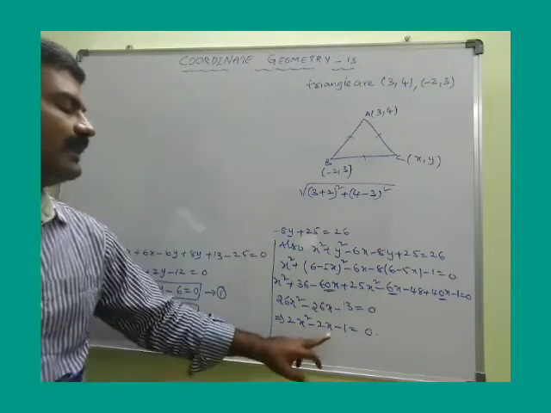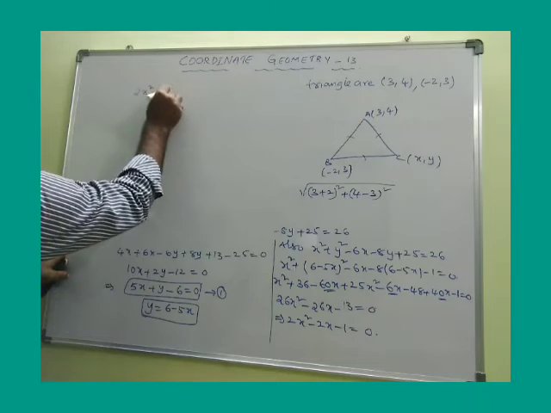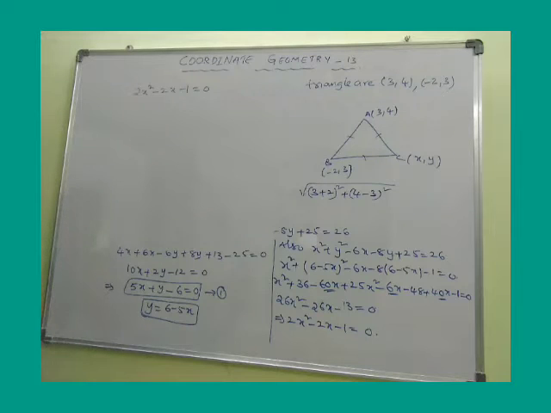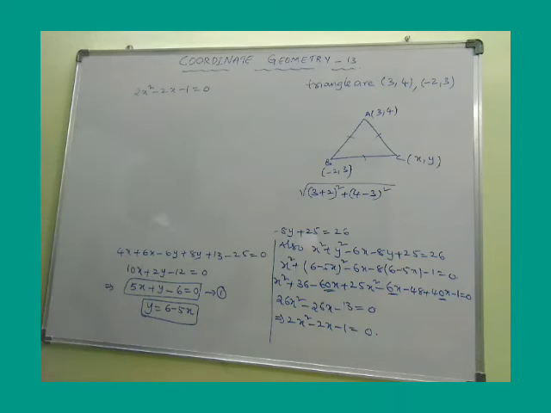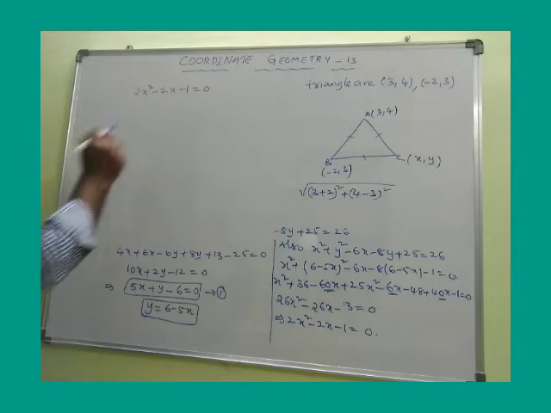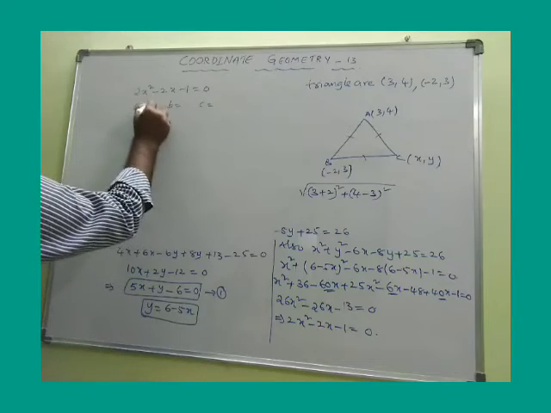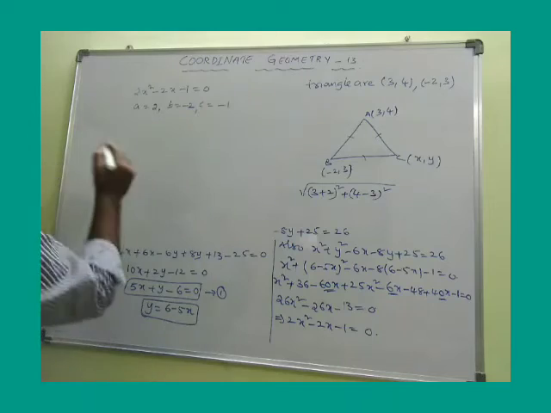We need to solve for x. What we have here? See, 2x square minus 2x minus 1 is equal to 0. So this is a quadratic, no? It is in the form of ax square plus bx plus c. a is equal to 2, b value is minus 2 and c value is minus 1.